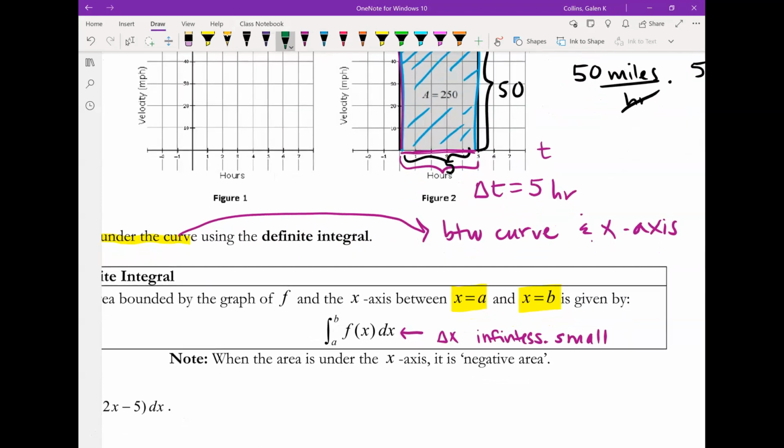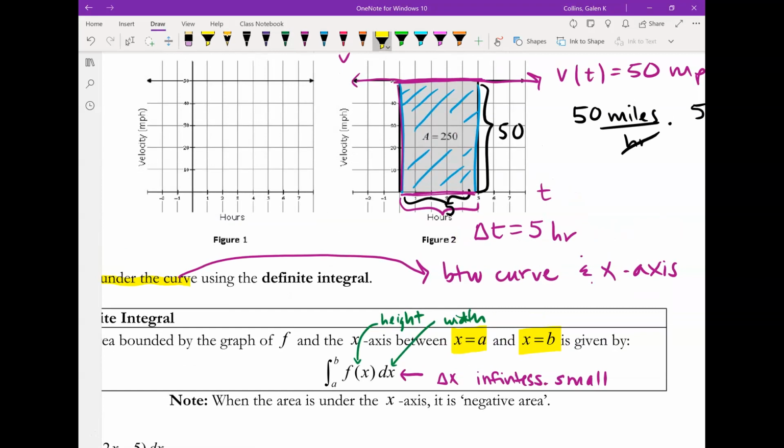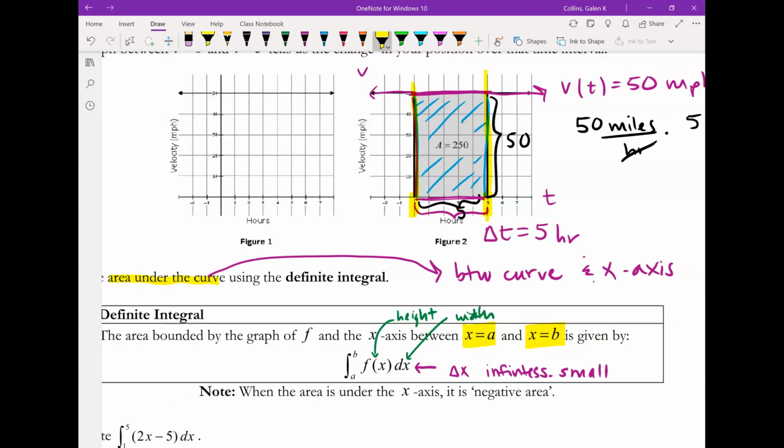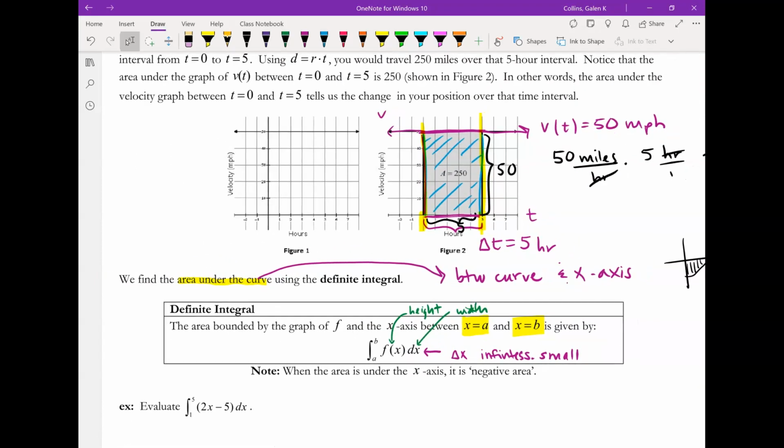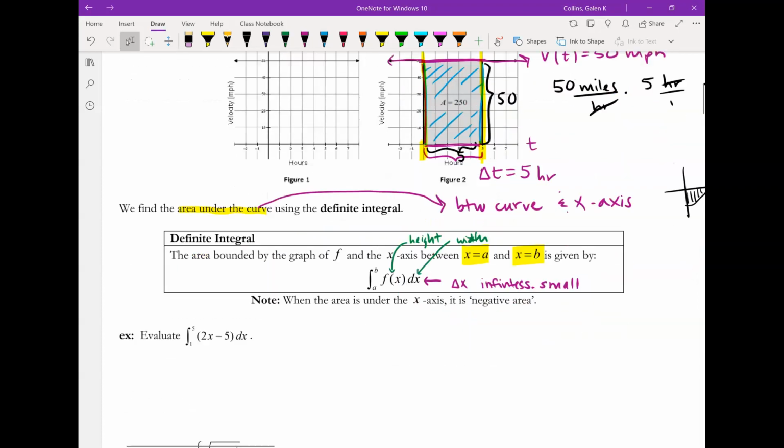So if we think about how we calculate the area of a rectangle, this corresponds to the height, this to the width, and those values a and b in this last example would have been t equals 0 and t equals 5. So they correspond to the boundaries on, in this case, the t-axis, where we're calculating that area. As we work with the definite integral, you will get a deeper understanding of it, and we'll talk a lot more about that idea of infinitesimally narrow rectangles as we go on.